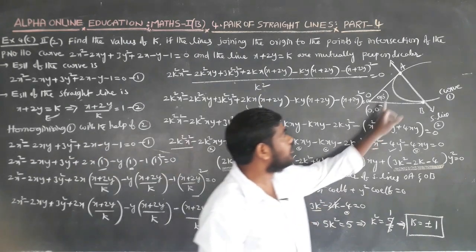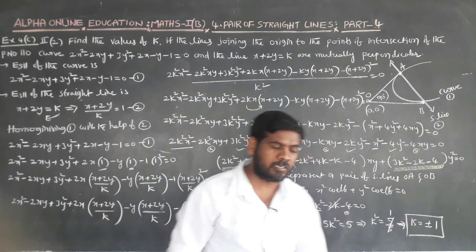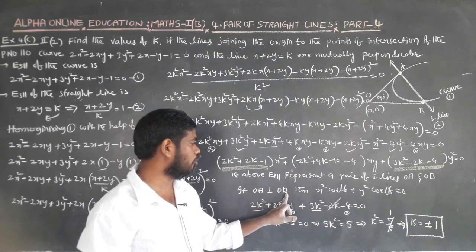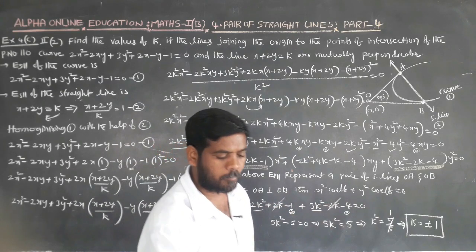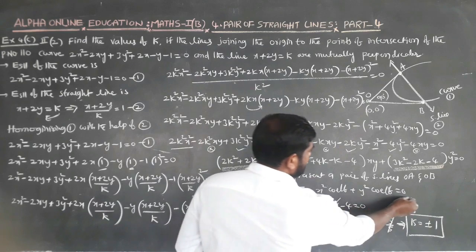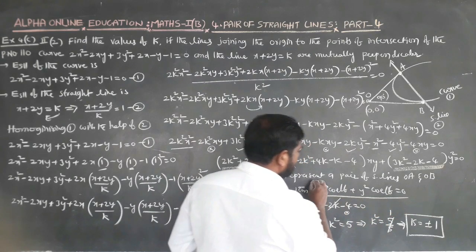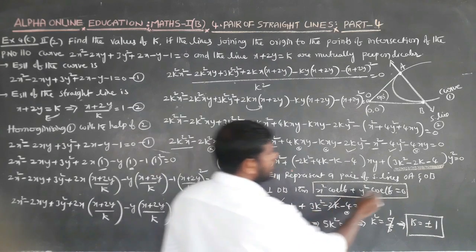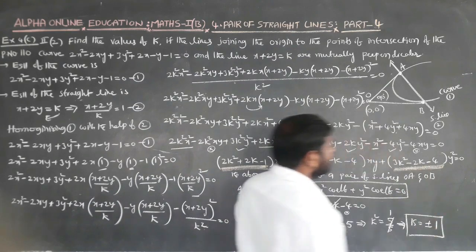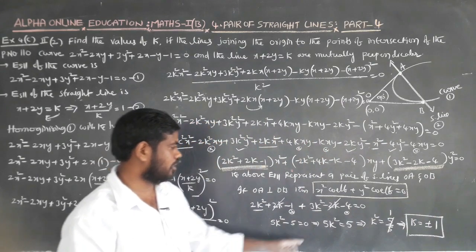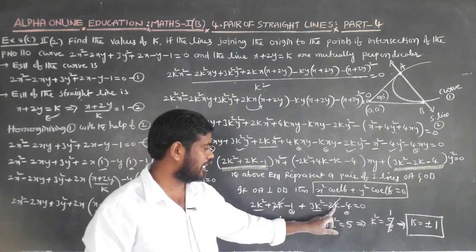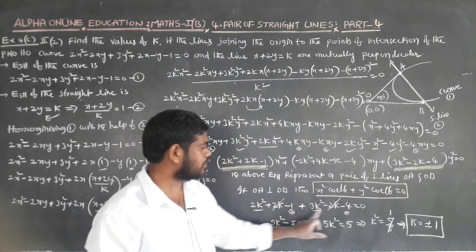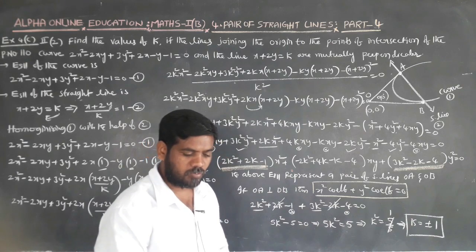Here, the two lines are already mutually perpendicular. Two lines perpendicular means OA is perpendicular to OB, so the x² coefficient plus the y² coefficient is 0: 2k² + 2k − 1 plus 3k² − 2k − 4 equals 0. 2k cancels, 5k² − 5 = 0.